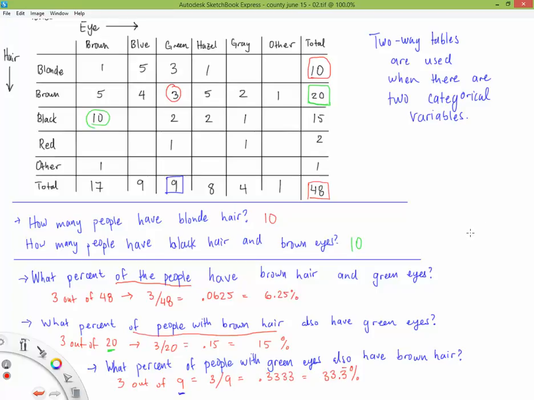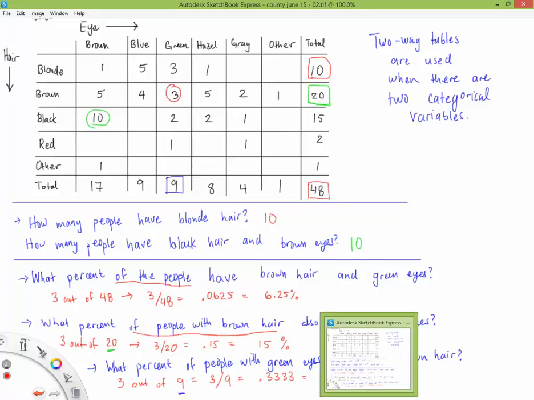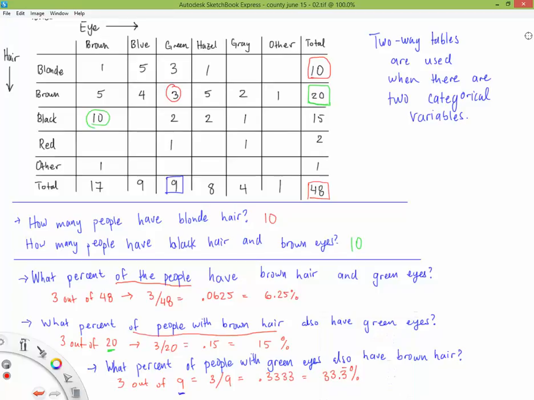Okay, so these are all similar sounding questions, but they're also very different. So what percentage of people with green eyes?